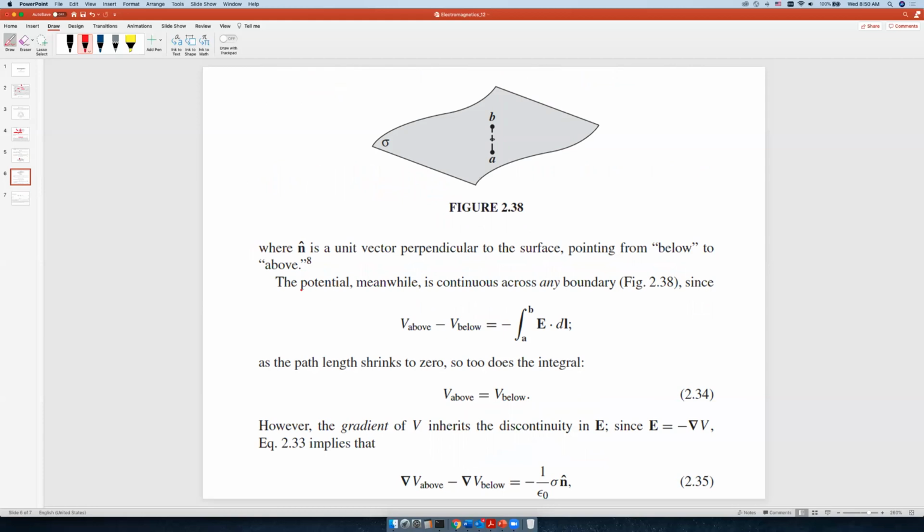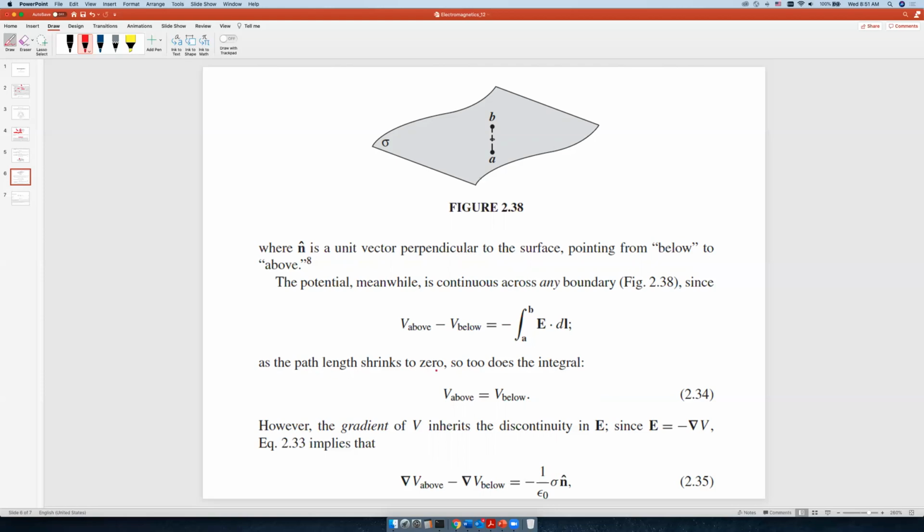Now, that's for the electric field. Now let's see the potential boundary condition. The potential, meanwhile, is continuous across any boundary, because V above minus V below equals the line integral of E times dl. As the path length shrinks to 0, when the distance from A to B becomes almost 0, the integral becomes 0.